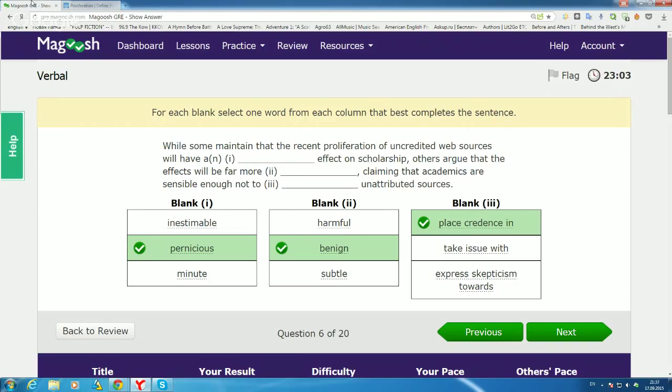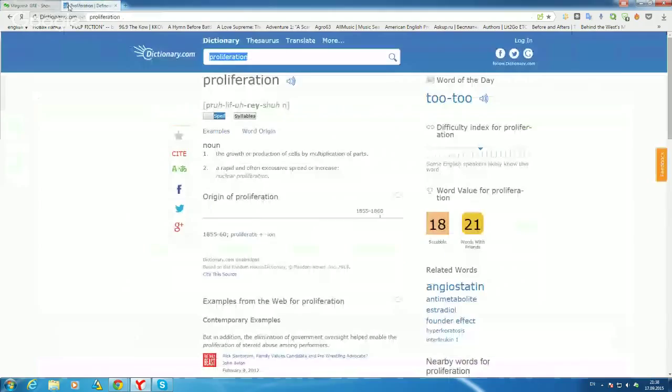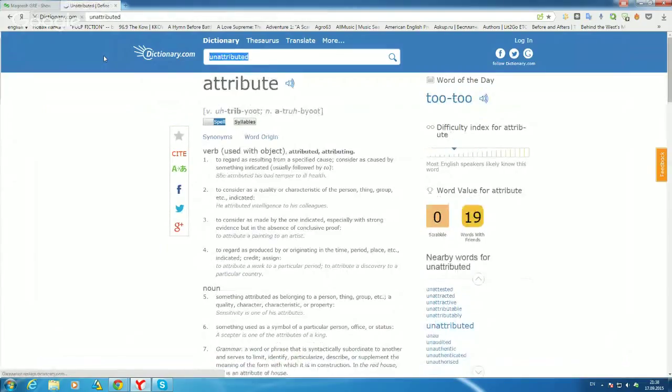What is an unattributed source? Unattributed. I don't know. Let's look it up. Let's see what attributed means. To regard as resulting from a specified cause. Consider as caused by something indicated. Consider as a quality or characteristic of a person or thing.